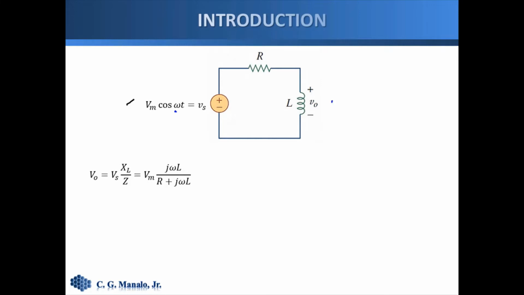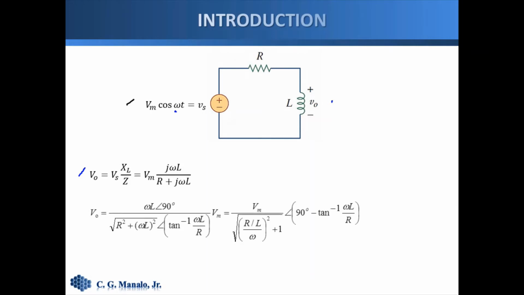So let's label it as V naught. By a voltage division, we can obtain the phasor voltage V naught, and it is given by this one. We can convert that into a polar form, and that should give us this form here.